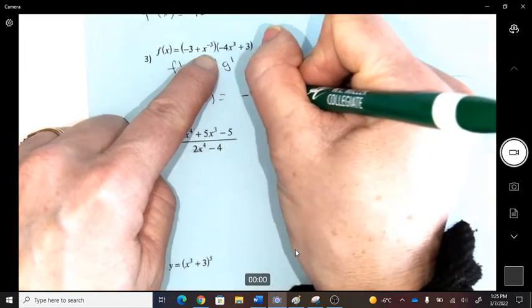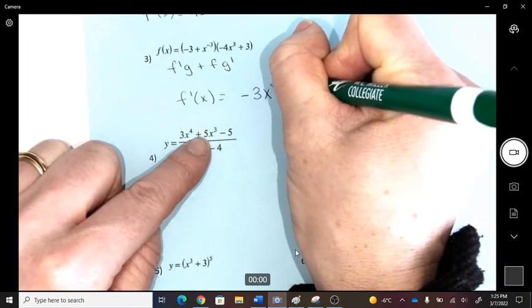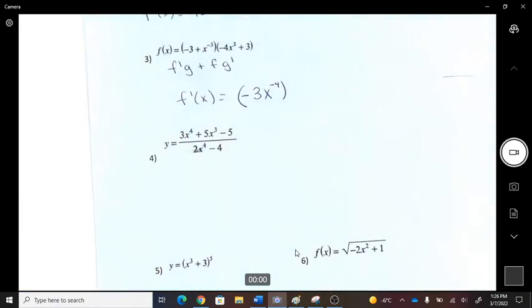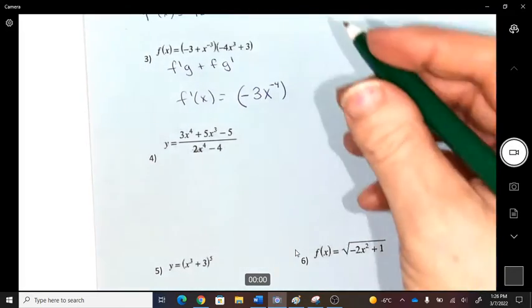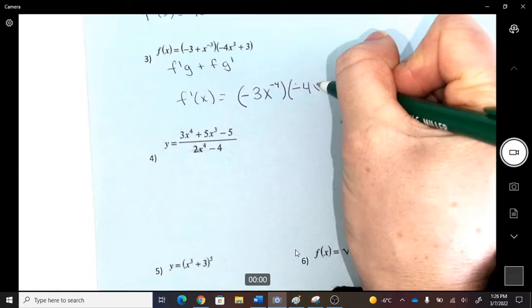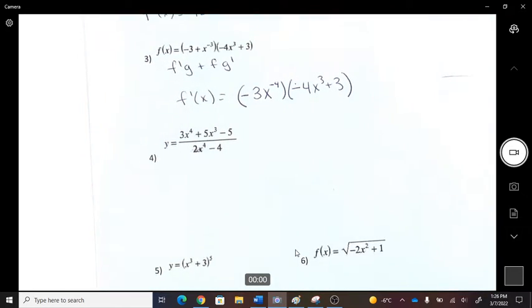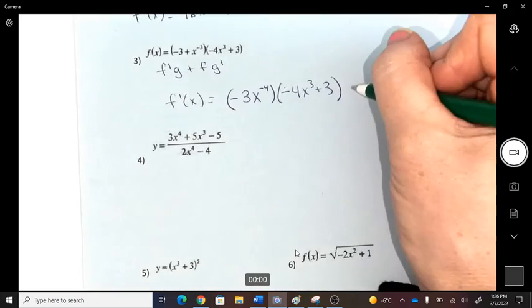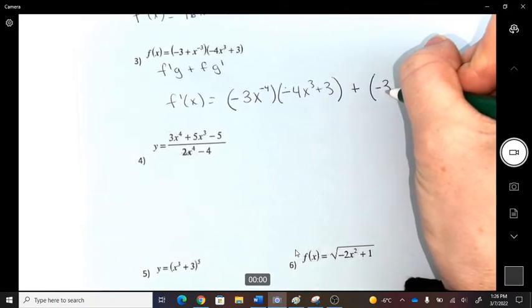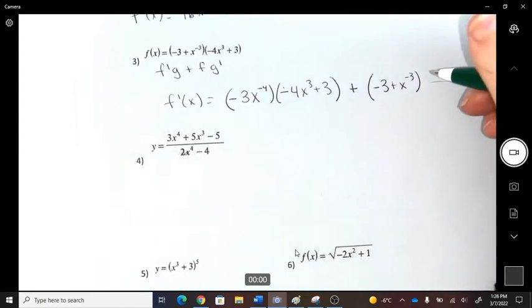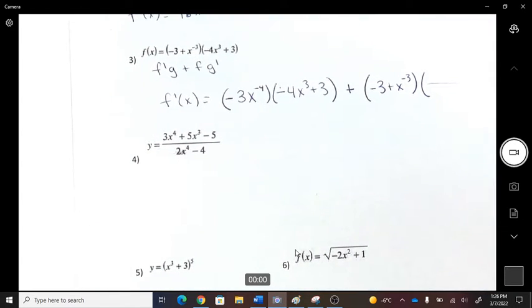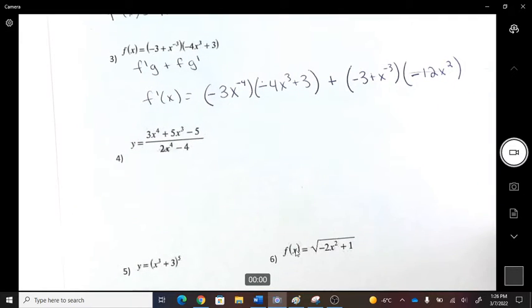So this is -3x to the -4 times the original second plus the original first, and then derive the second unit. Okay, good. Just leave it. Don't simplify it.